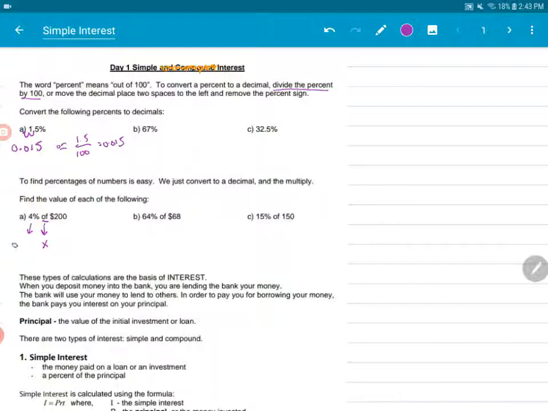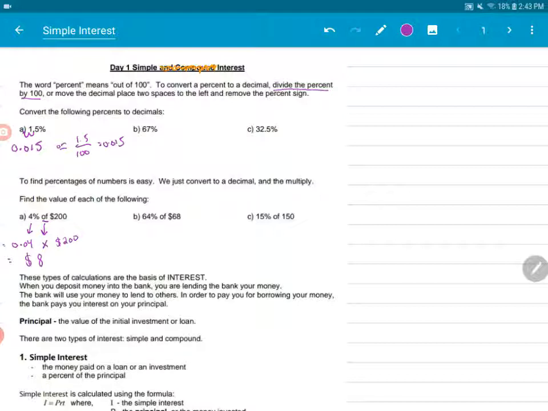Either way, you get 0.04, and the third number just stays the same. So 4% of $200 is 0.04 times 200. You go in your calculator and you get 8. So that ends up being $8. So again, try that with part B and C.